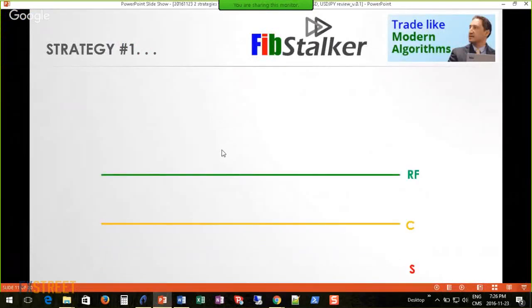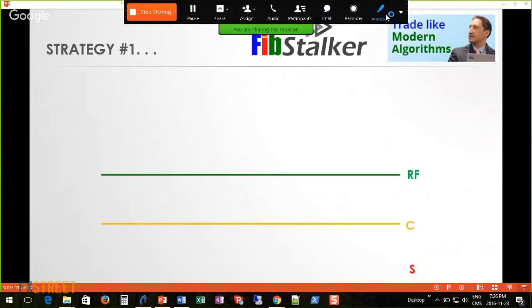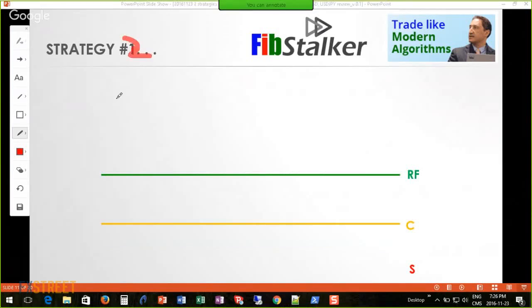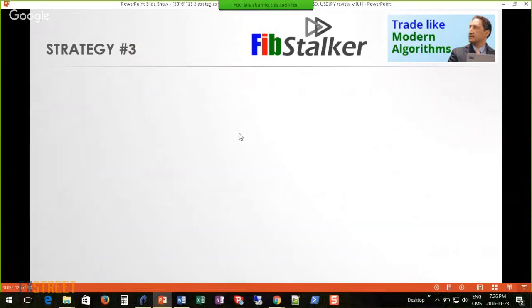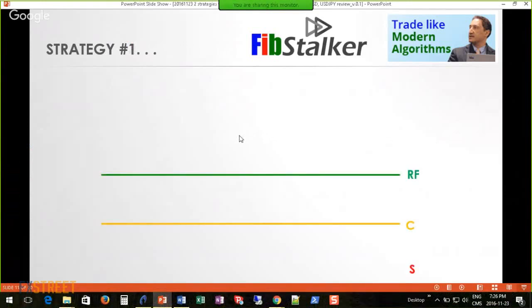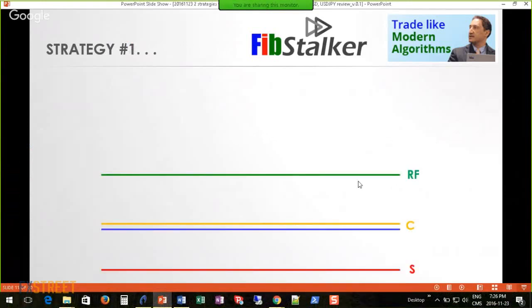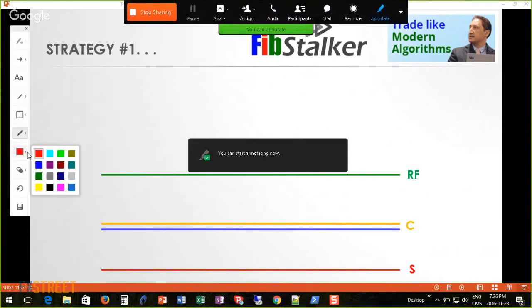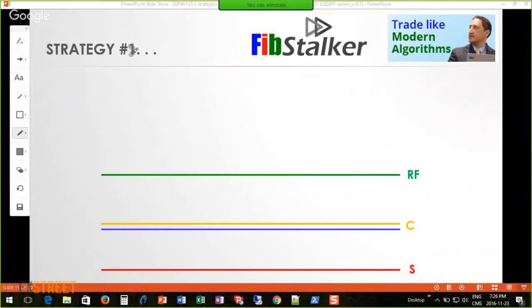So then, strategy 2 is really something even simpler. We have the same situation here, and I'm now talking about strategy 2.